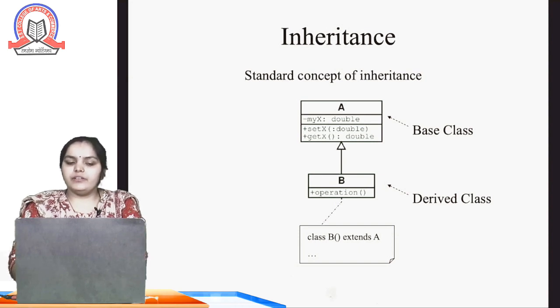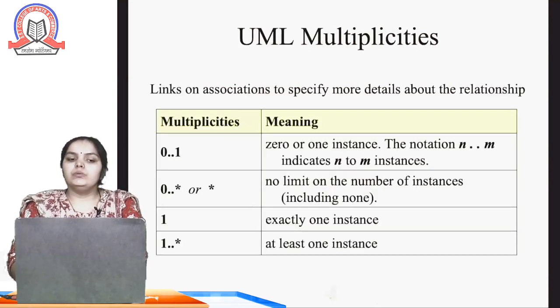Now we'll discuss UML multiplicity, meaning how we can show multiple relations in the class diagram. In case of multiplicity, we show 0 to 1 relation, meaning zero or one instance.